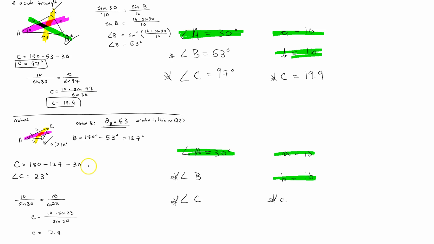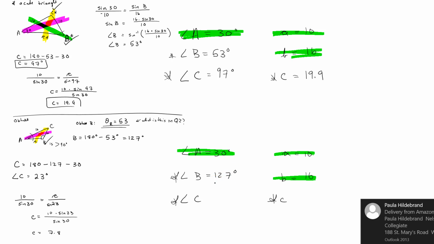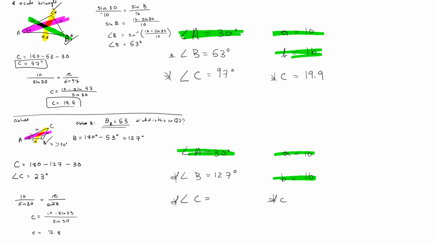Now with our obtuse triangle, we took our acute angle B and found what it is in quadrant 2. The related angle to 53 is 127, and we simply subtracted 30 plus 127 from 180 to get 23 degrees. And we used sine law to figure out that C was 7.8 units.